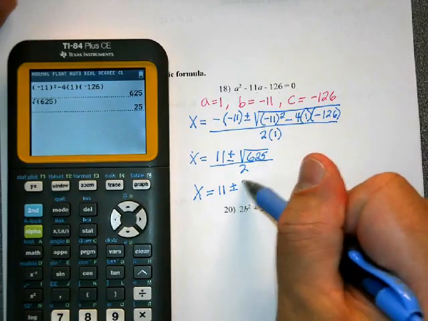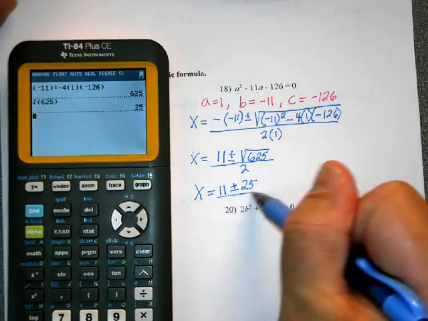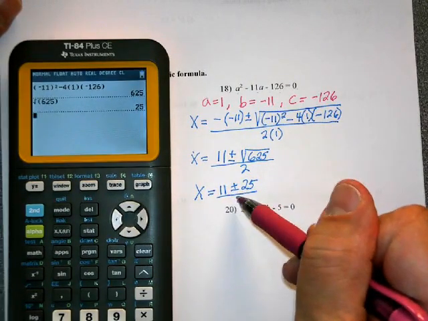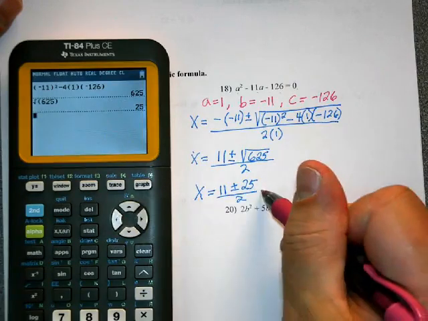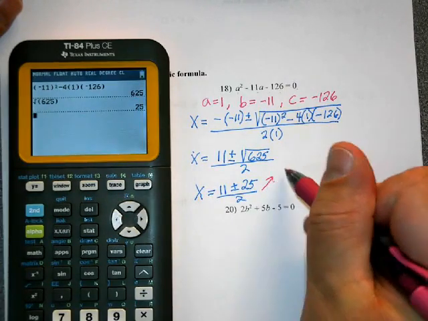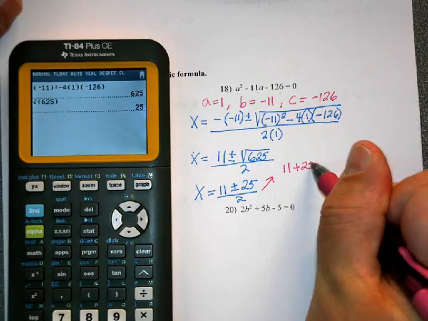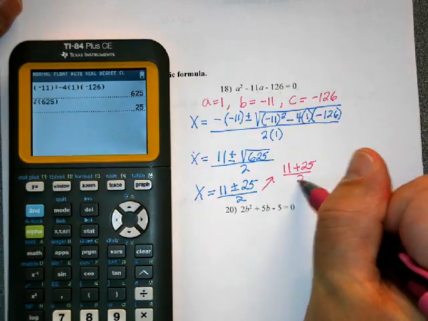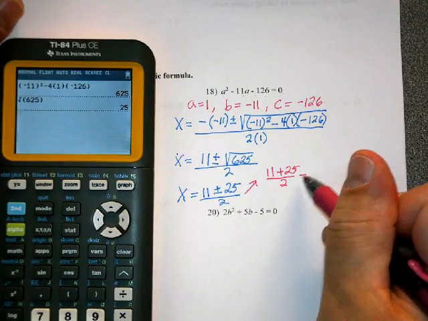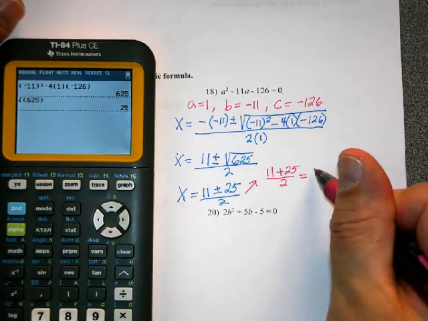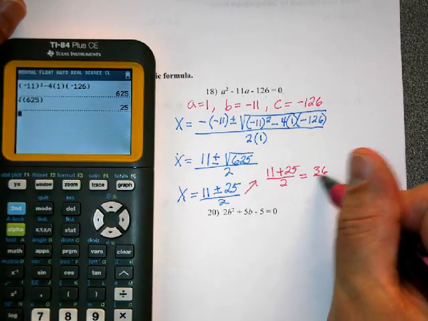That symbol gives me two problems, right? So I have 11 plus 25, all divided by 2. 11 plus 25 is 36, divided by 2. 36 divided by 2 is 18.